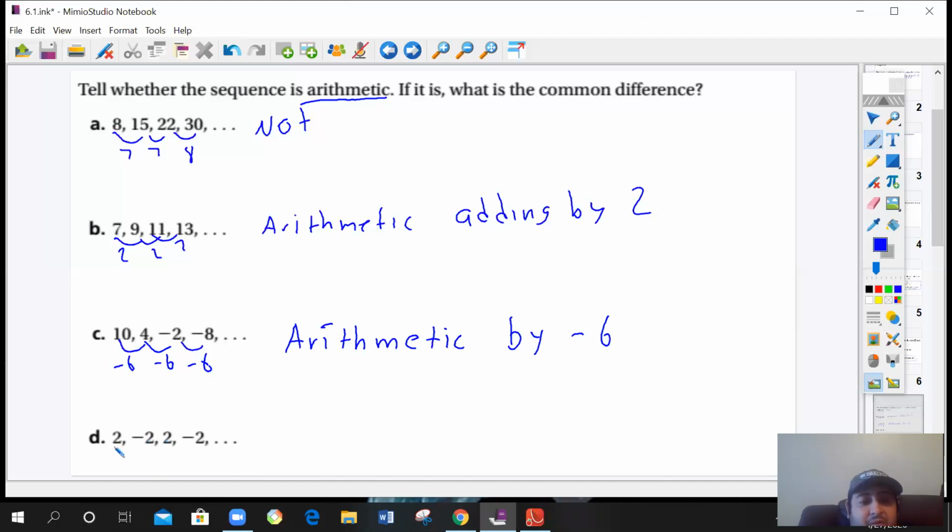Then the last one, you got 2, -2, 2, -2. It means it kind of goes back and forth with the same number. So from here to here, it multiplied by -1, from here to here by -1. Times -1, and from here times -1. So like I mentioned, whenever you're dealing with multiplication or division, this is more of a geometric.